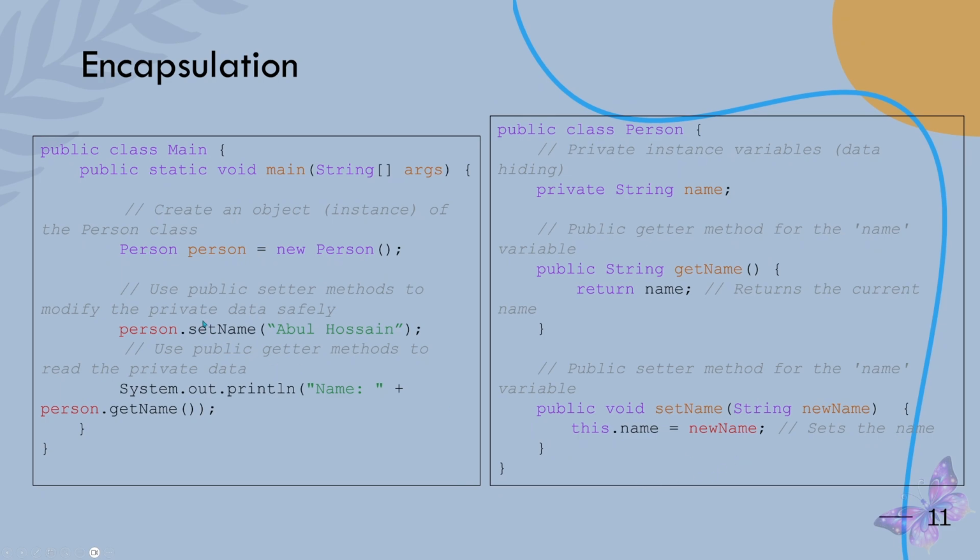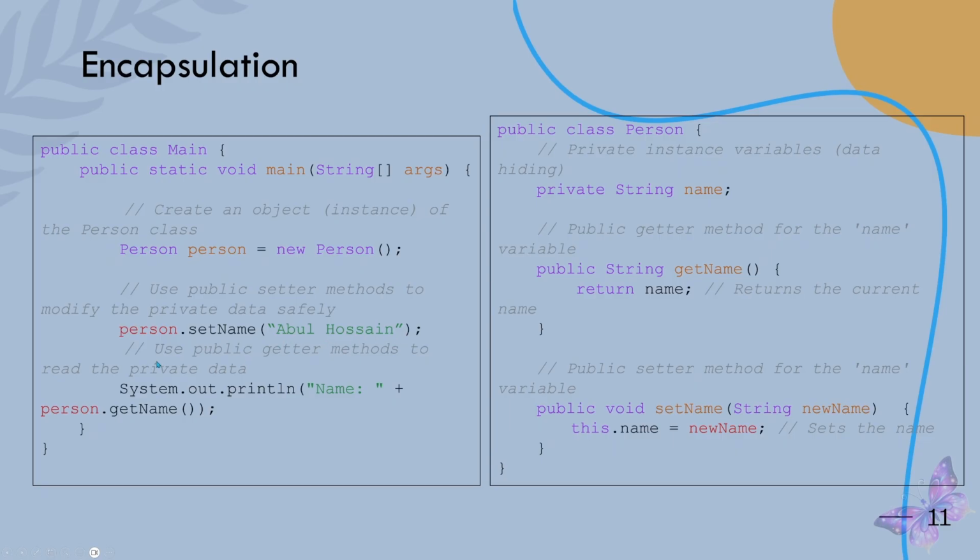So when we create a main class and create an object of this Person class, this object name you can actually give any name of your choice, but here I just give it as person. Then I want to set a name, so I call the method person.setName and give the name as Abul Hussein.